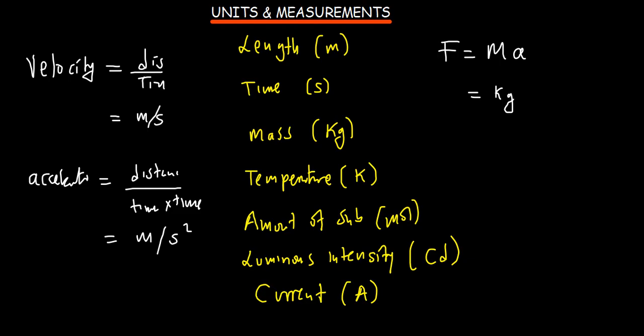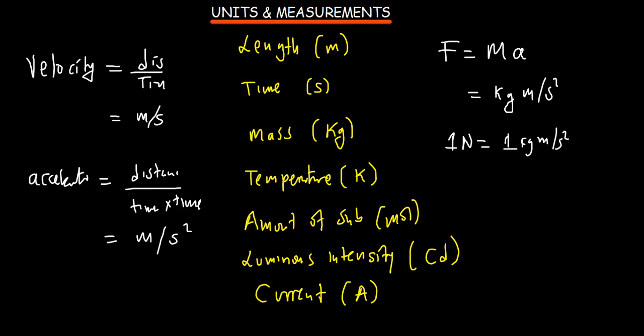The SI unit for acceleration is meter per second squared. So therefore, the SI unit for force becomes kg meter per second squared. If you remember, you also learned that the SI unit for force is a newton. This tells you that 1 newton is actually equal to 1 kg meter per second squared.